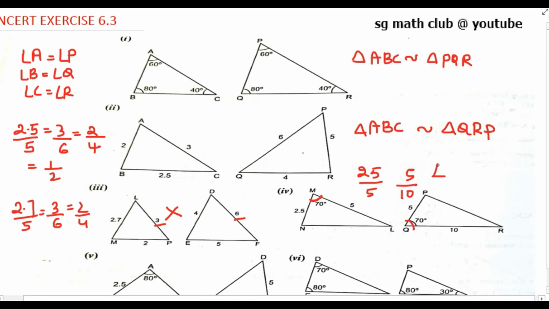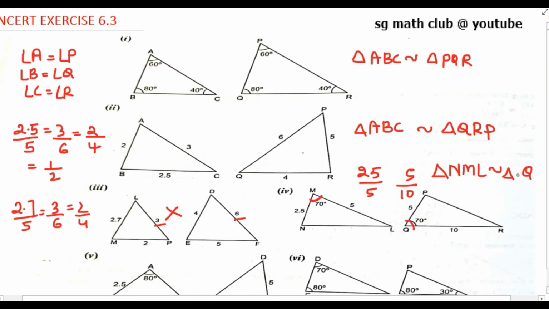So when I write NML is similar to triangle, M corresponds to Q, so Q will come in the middle.